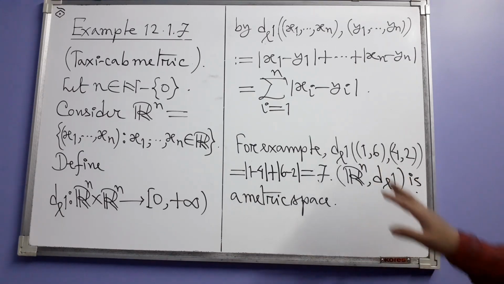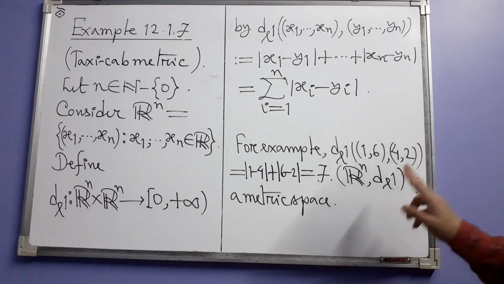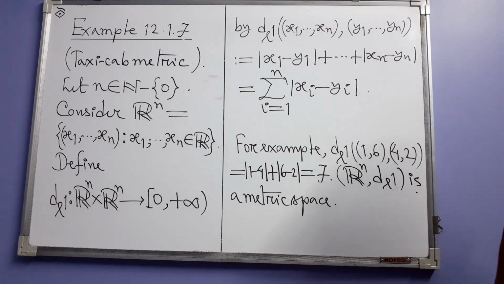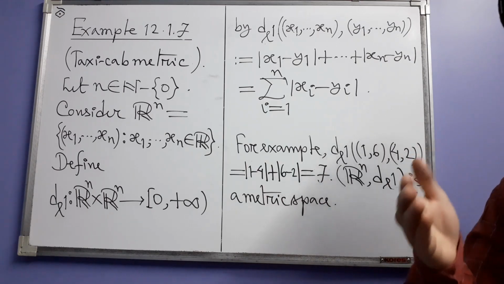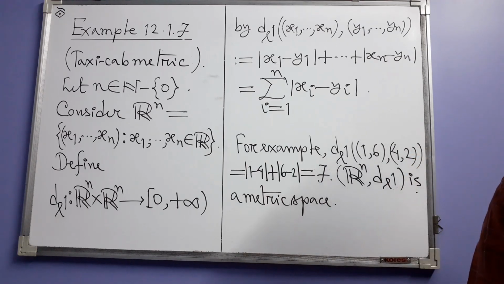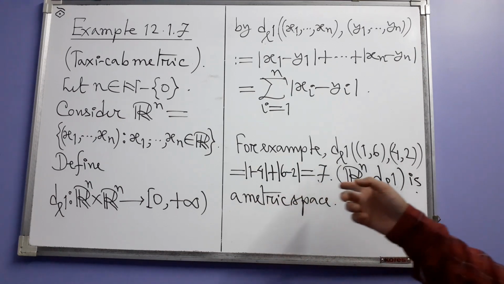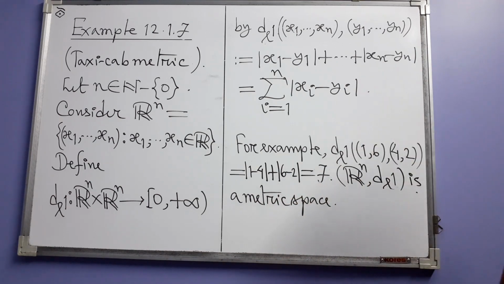Oh, by the way, before I get to that, it turns out that this is also a metric on Rn. So although Rn is simply Rn, we now have two metrics, the Euclidean metric and this one, which is called the taxi cab metric. You can see the text for why it is called so.